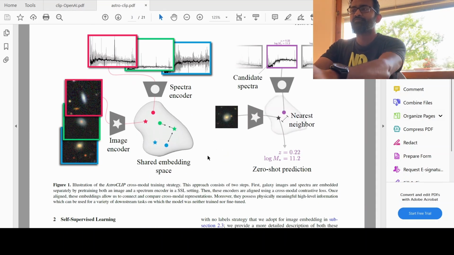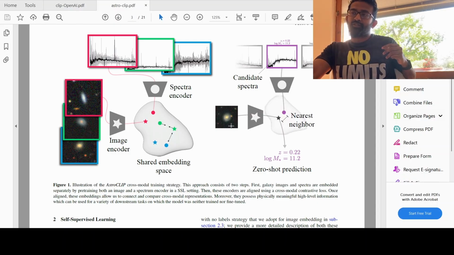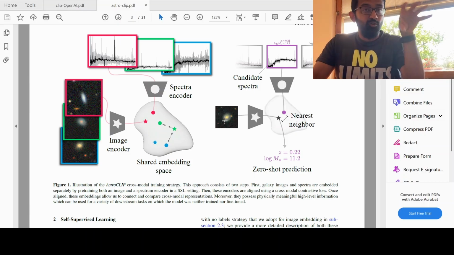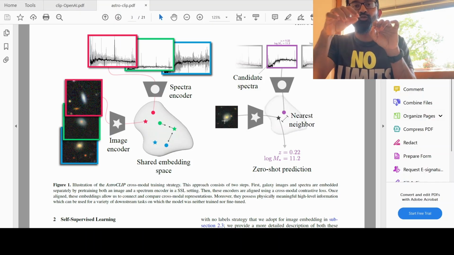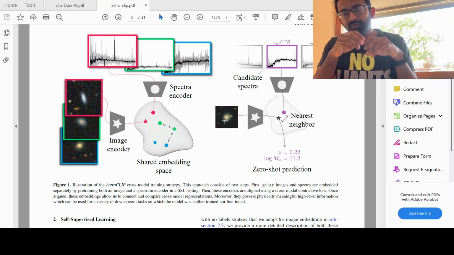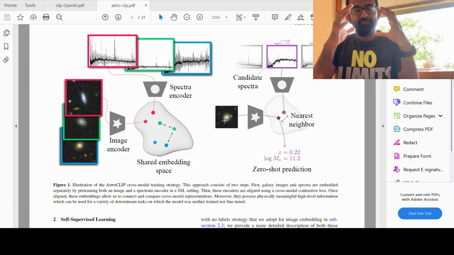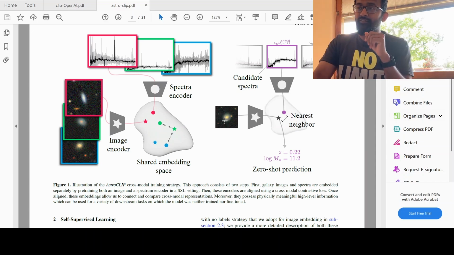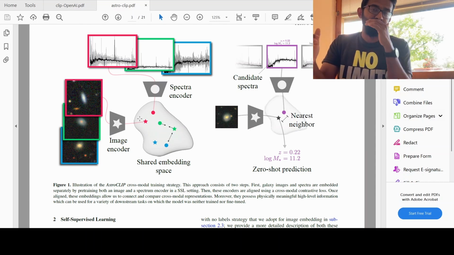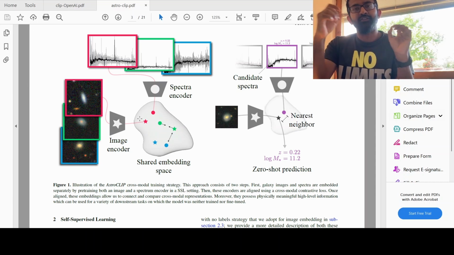Then on the downstream task, you put in some galaxy images. From images, we can get a photometric redshift idea. From the compressed representation of this image, we have an idea of how close it is to other galaxy information. This representation space contains both, since when it was trained, on the left-hand side, you have both image and spectra information.